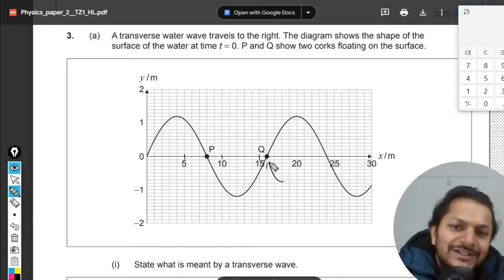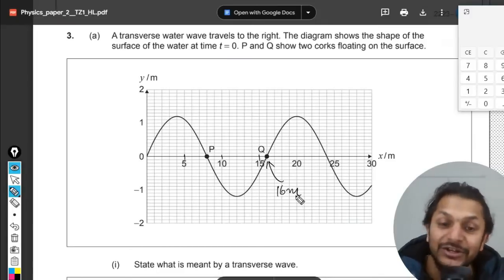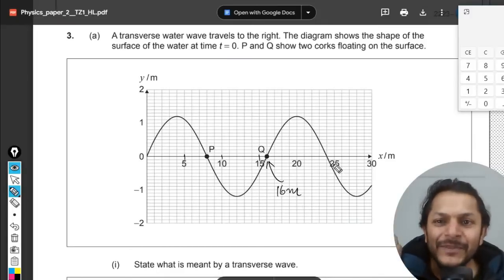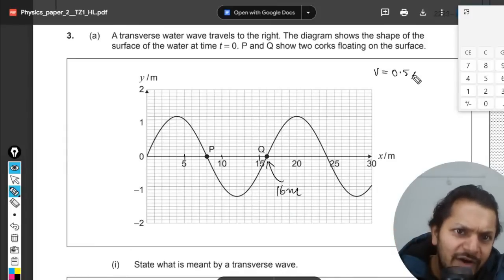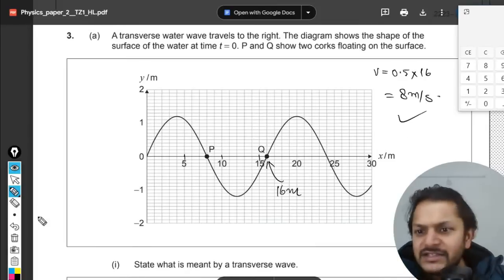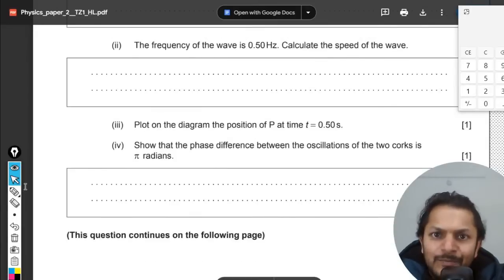Oh my god, so this is basically 16 meters. My fault, my mistake, my dear students. So it is 16 meters. Be very careful about this. So doing it again, 0.5 into 16, so that becomes 8 meter per second. Anyways, let us now move to the next question.